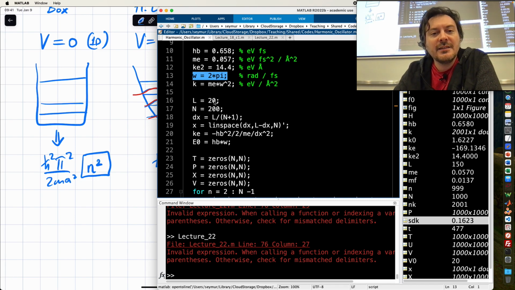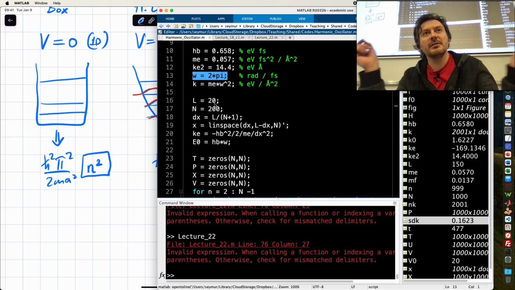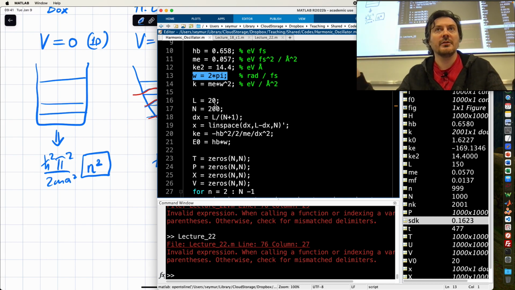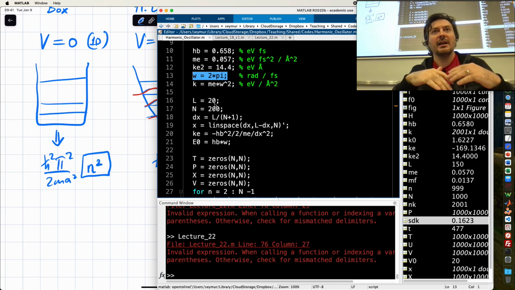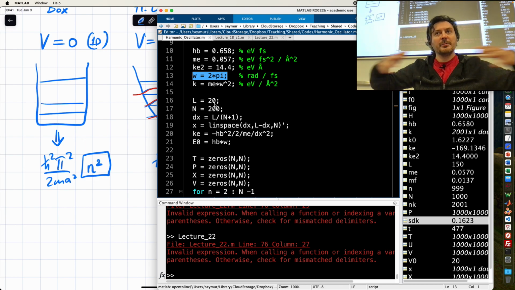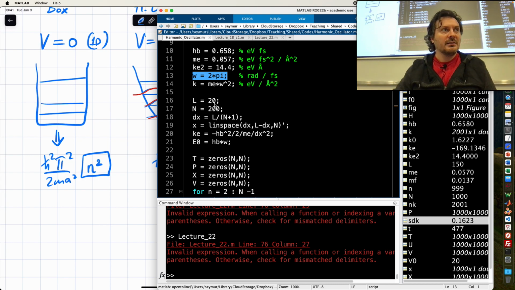Okay, it's not exactly the harmonic oscillator. It's a bit different because I still put the boundaries to 0, while in reality, harmonic oscillator has no bounds. It can, in principle, go on forever, right? There are numerical techniques to take into account that kind of situations, which involves discretizing differently.